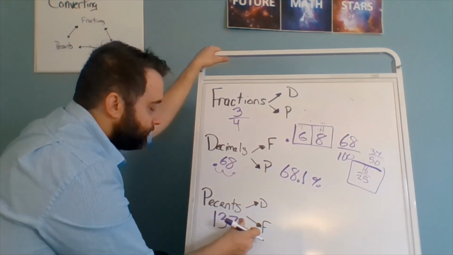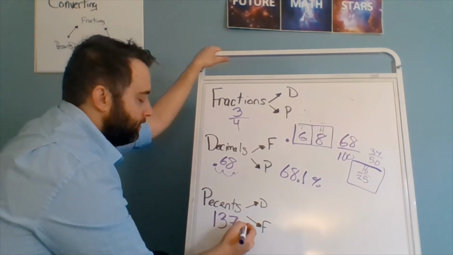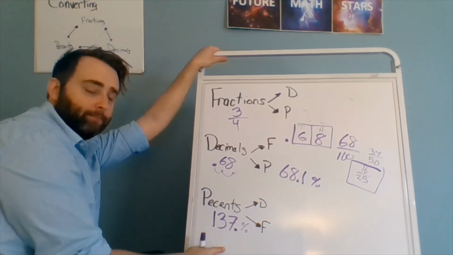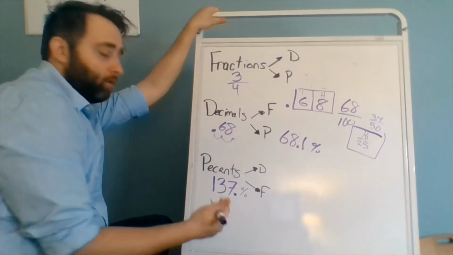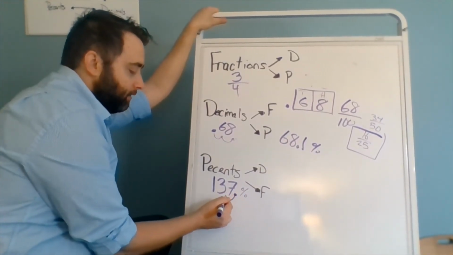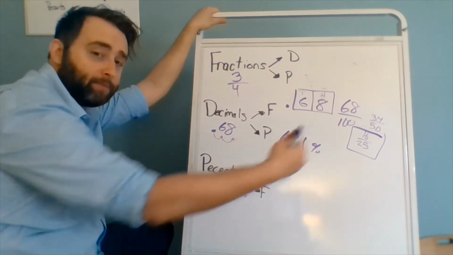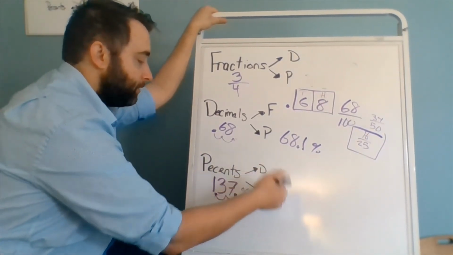Mr. Nugent, there's no decimal, it's just 137. Technically, there's always a decimal, you just can't see it. So, I'm going to slide that decimal over 2 times in the opposite direction, because I'm going from percent to decimal.